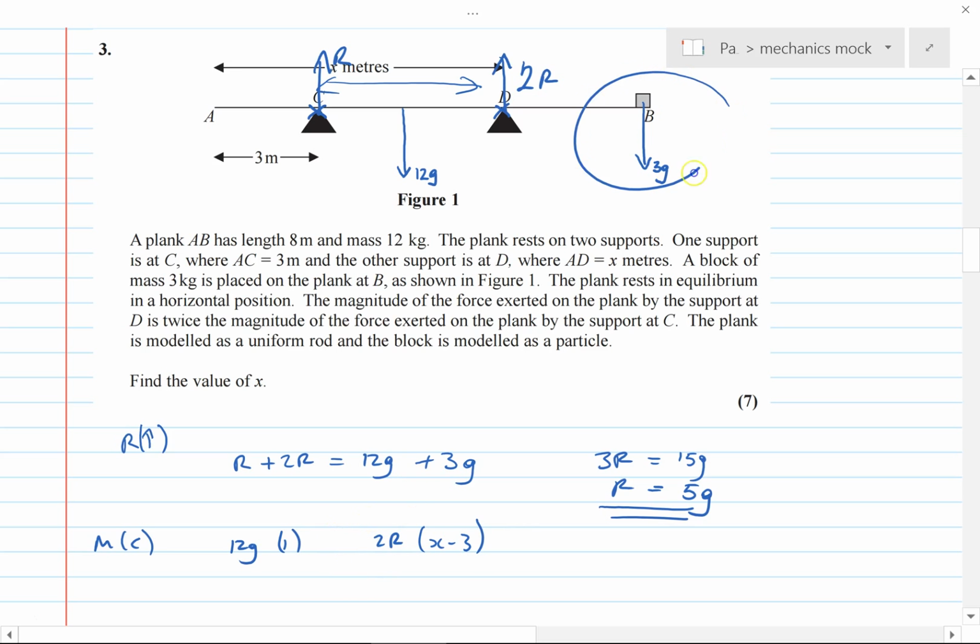And then we've got the moments of this force, plus 3g times that distance, which is going to be 5 meters away.